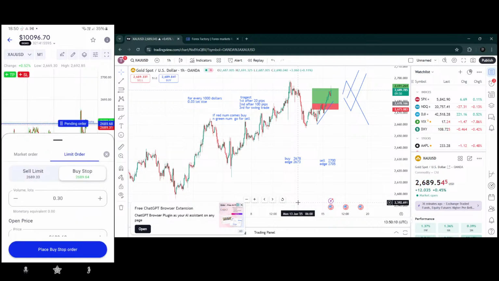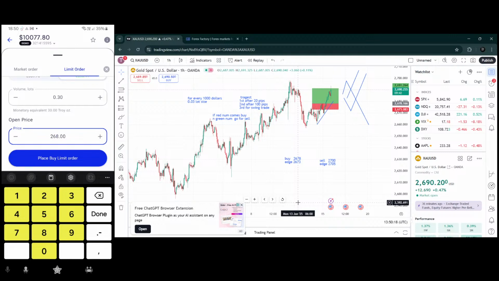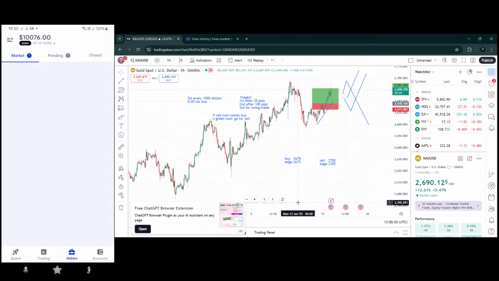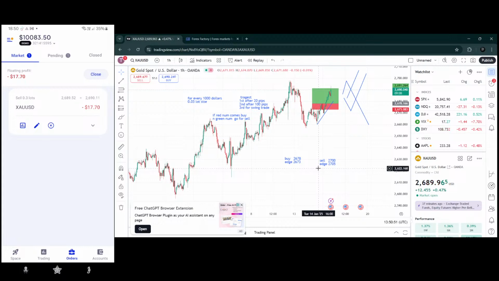So on 94, I put my hedging point. And we'll see what happens, whether the market gives us profit or not.